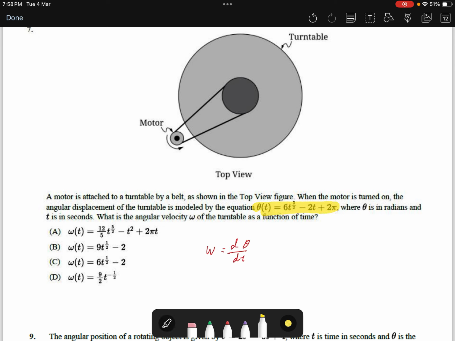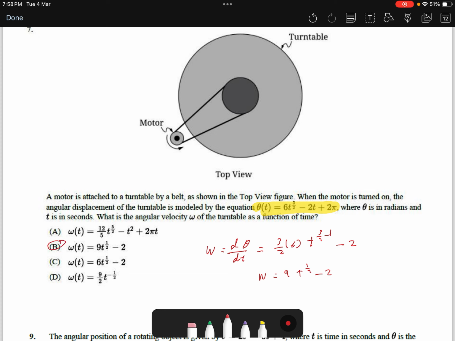The derivative of this equation is 3 over 2 times 6 multiplied by t to the power 3 over 2 minus 1, minus 2. That's it, right? After simplifying the formula, omega equals 9t to the 1 over 2, minus 2. So the answer is B.